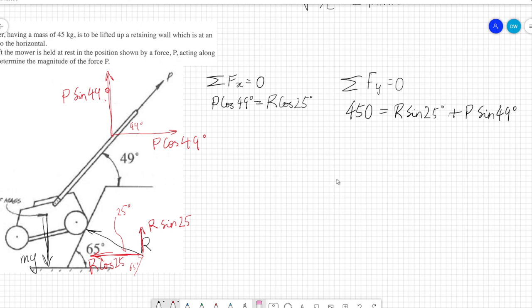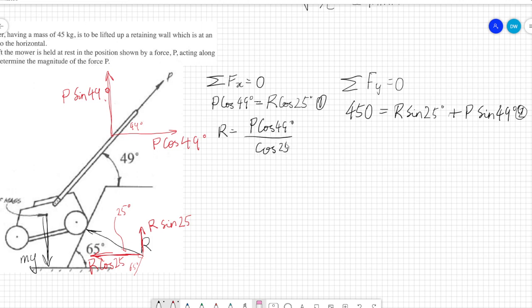Once again, we have two equations with two unknowns, so we are going to solve them simultaneously. Because we want to find what P is, I'm going to express R in terms of P, so I can get rid of R. Let's call these equation 1 and equation 2. R equals P cosine 49 divided by cosine 25, because we divide both sides by cosine 25.